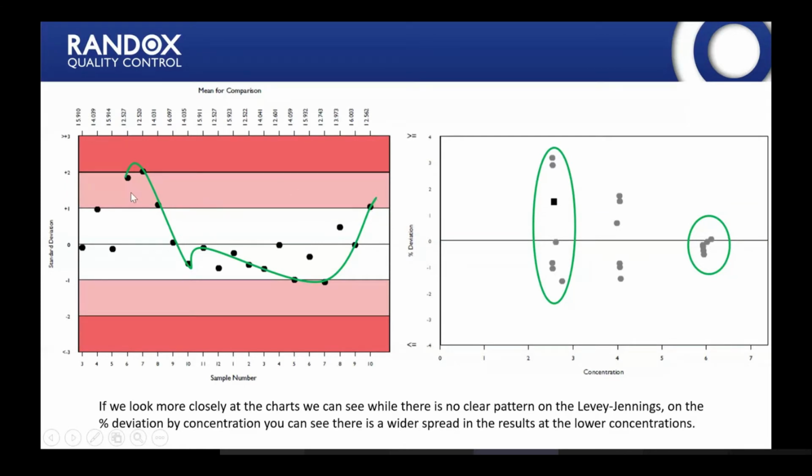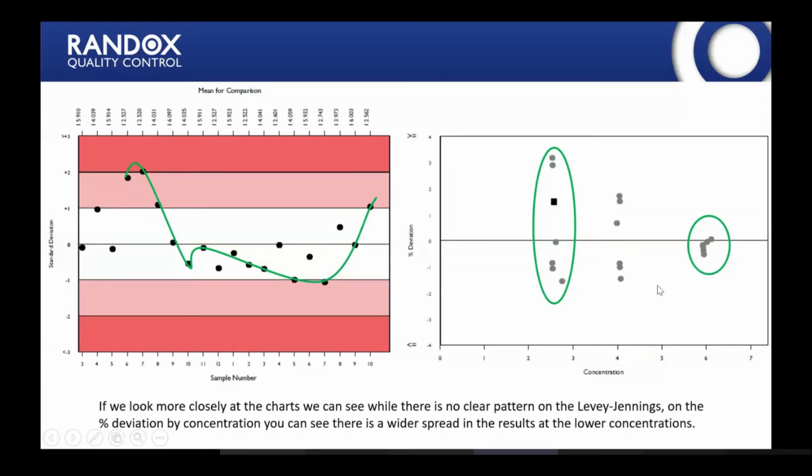Again, we can't look at any chart on its own. We need to look at all the charts in correlation with each other, because each one will give you a separate new piece of information, and it's important to interpret them all together. So this is the lab's Levy-Jennings chart with this funky little line showing how the performance has moved.